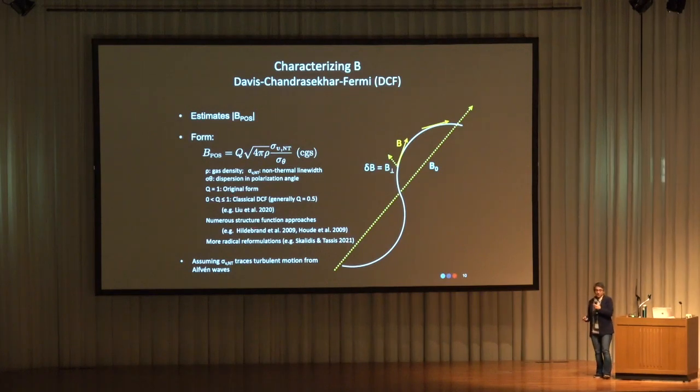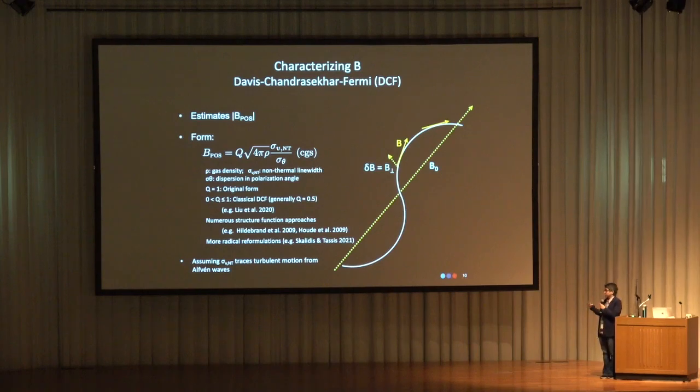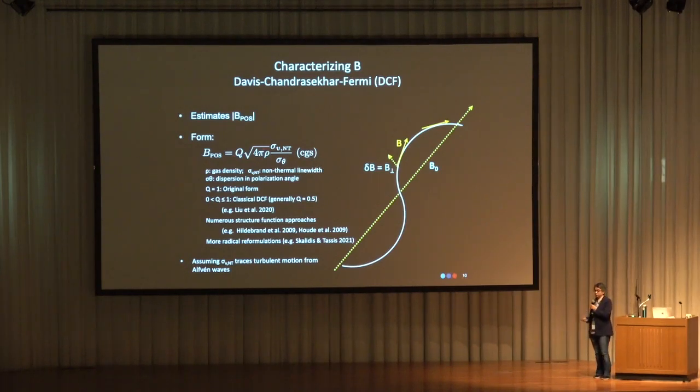For example, in the classical approach of DCF, Q equal to 0.5 has been proposed to account for this overestimation, as well as the use of more complex analysis, such as structure function analysis.